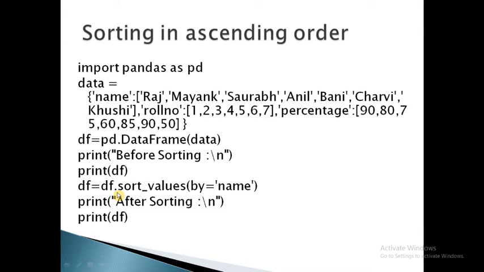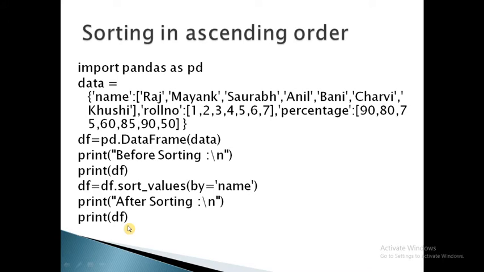For sorting we are writing df.sort_values, and in brackets we are writing by is equal to name. Means we want to sort this data frame using the name column. So after sorting, what will be the result? It will be printed afterwards.